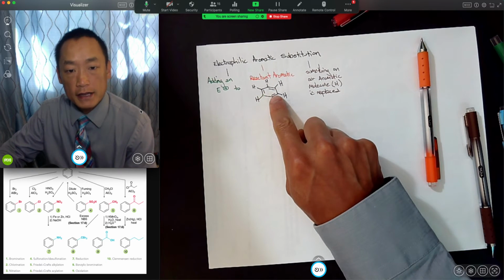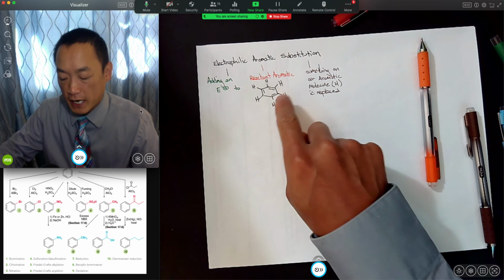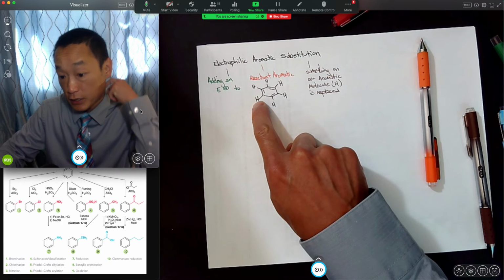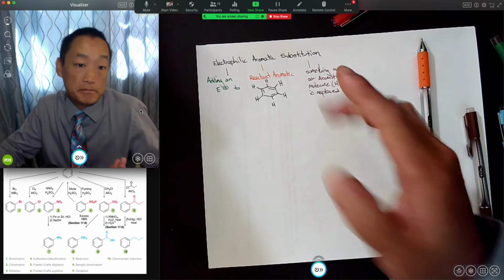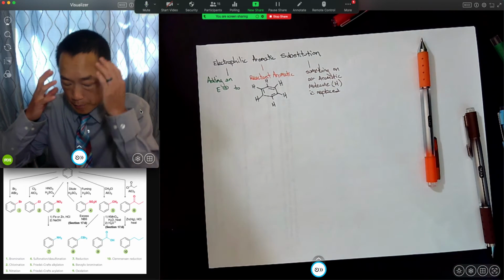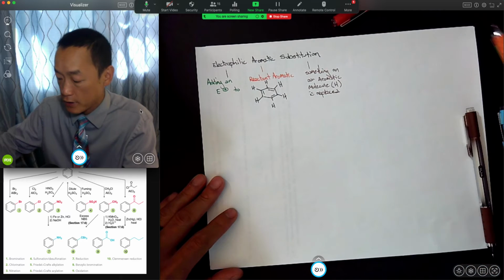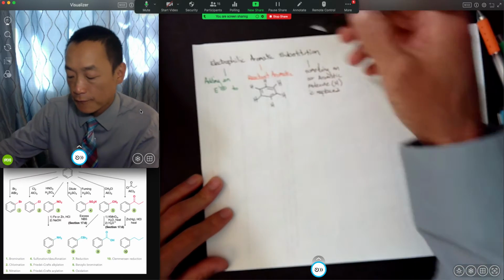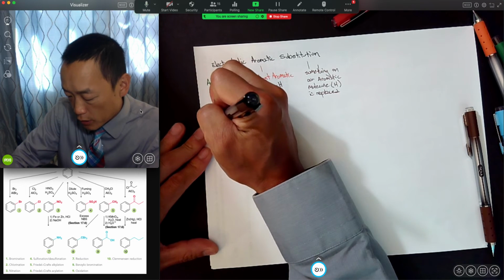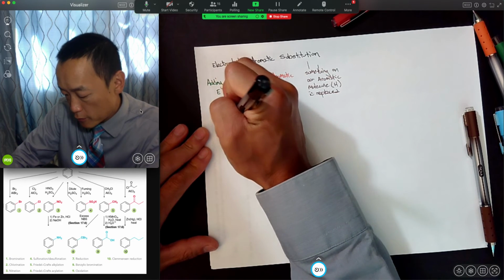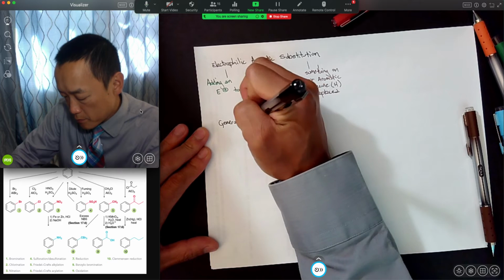And so at that moment in time, if we want to add an E to one of these carbons, we're going to have to take away an H. And that's really what I'm processing when I hear this in my mind. So, electrophilic aromatic substitution reactions: general mechanism.